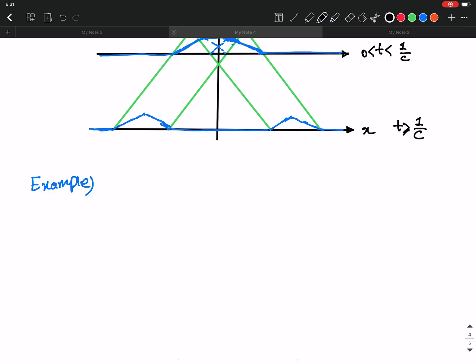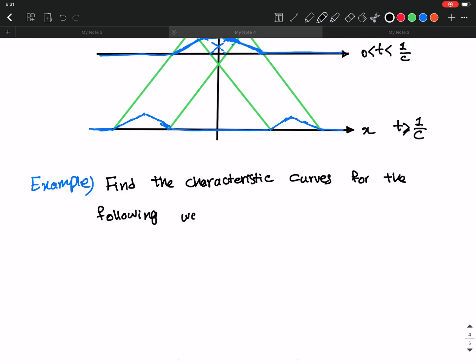Okay, so the example here states: find the characteristic curves for the following wave equation.